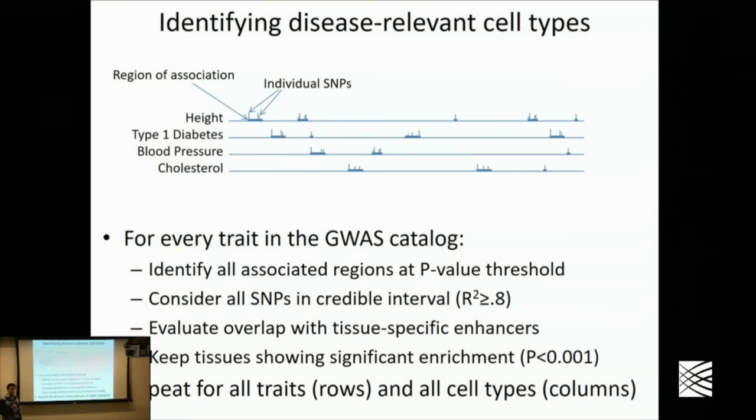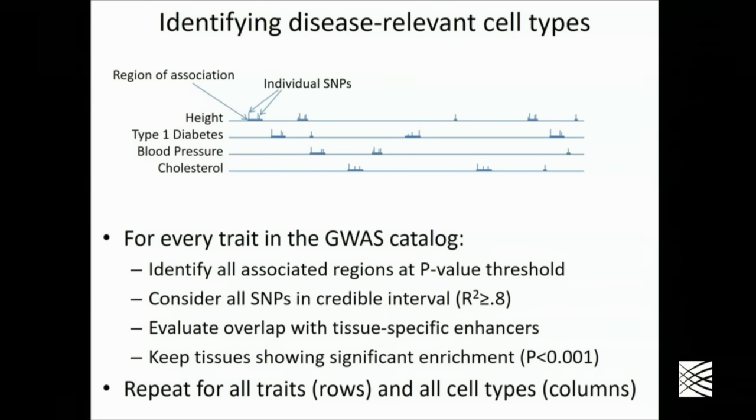And that's where it gets kind of cool, because you can basically take these regions and use them as controls for each other. You can say, what are the enrichments that I find in height versus cholesterol, versus blood pressure, versus type 1 diabetes. This way you're not just biasing for regions that have long haplotypes or common frequencies or you name it, but instead you're really looking at the biology of each disease.